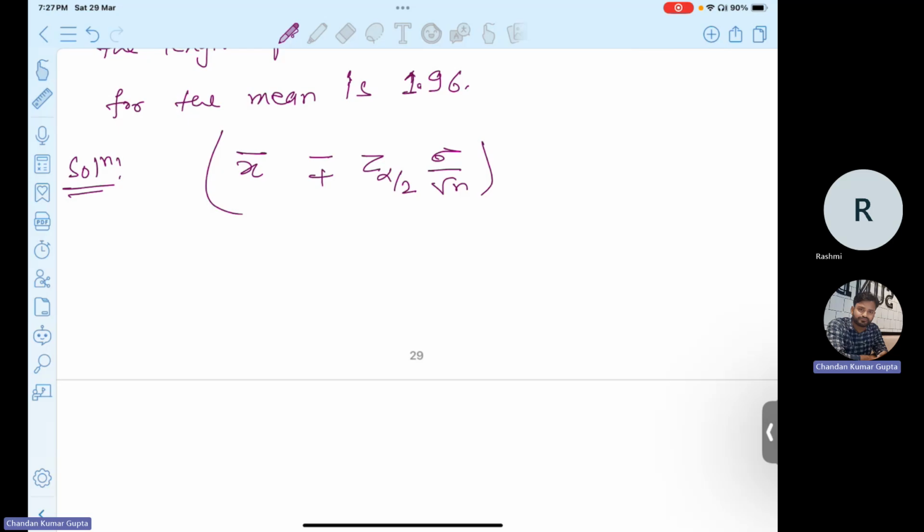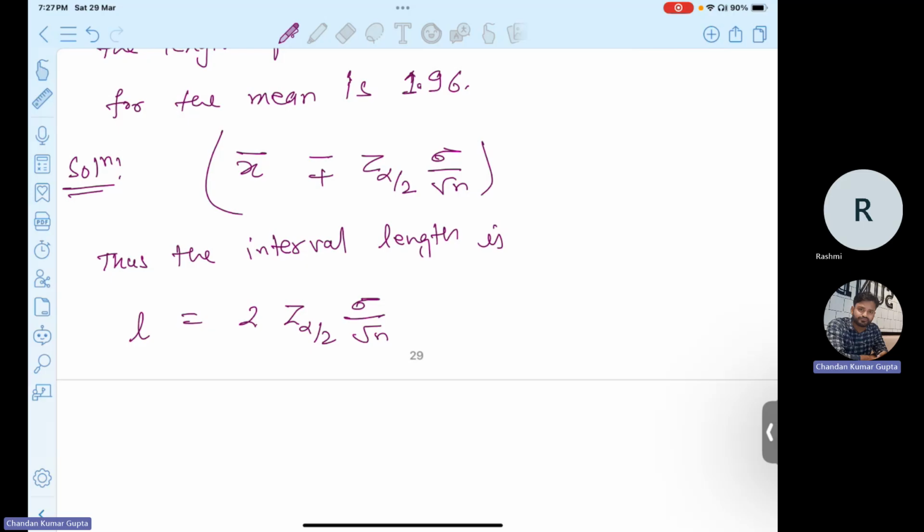Since z alpha by 2 sigma by root n is subtracted from x bar and added as well, the interval length, say small l, is twice z alpha by 2 sigma by root n.